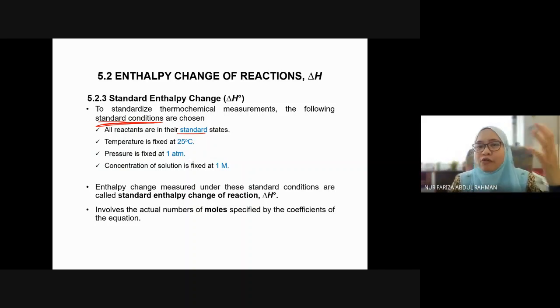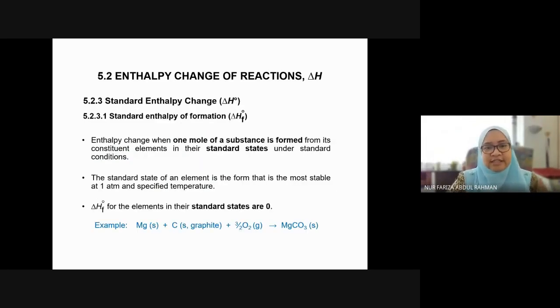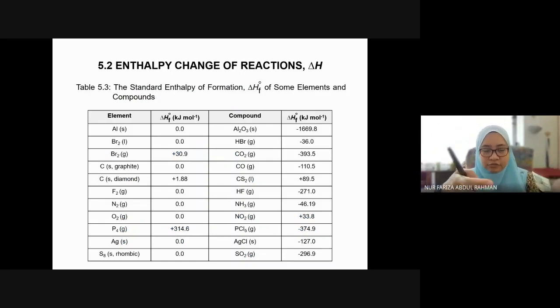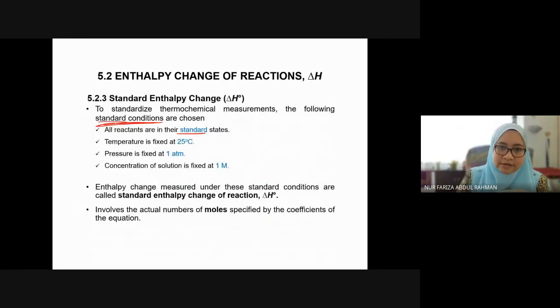Okay, alright. So of course lah kita akan ada banyak sangat substance. So kita ada list dekat sini, kita ada table kat situ, to show the standard state of the substance, right? Ataupun elements ataupun compound.